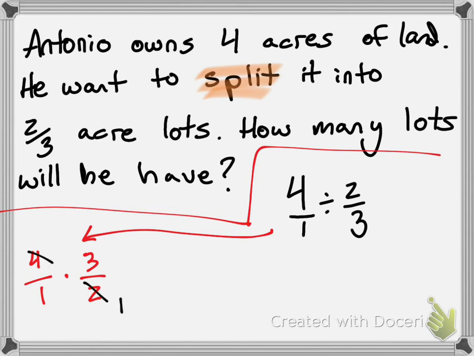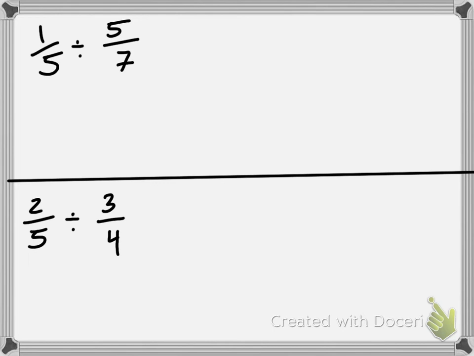Yeah, both divisible by 2. This becomes a 1, this becomes a 2. What's my answer then, Kayla, after I cross multiply? So we would have to just multiply now. So 2 times 3 is 6, and 1 times 1. 6 lots.